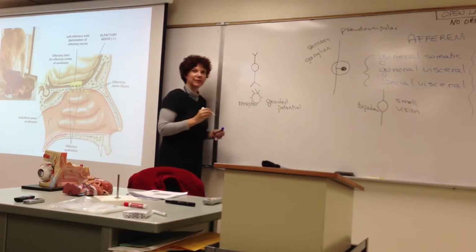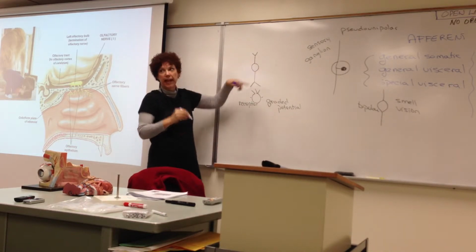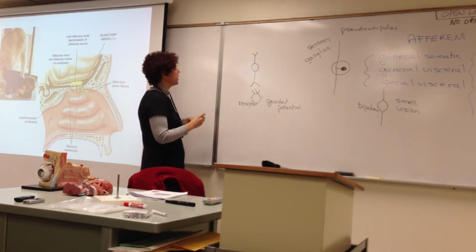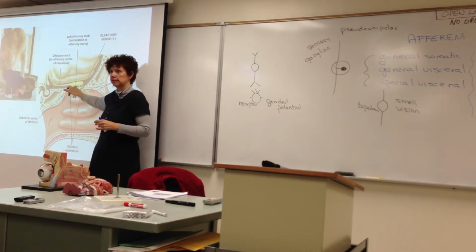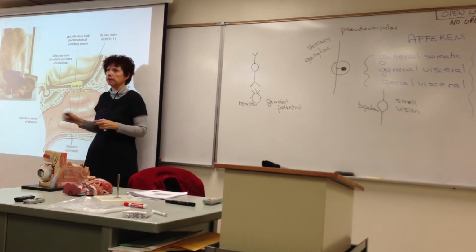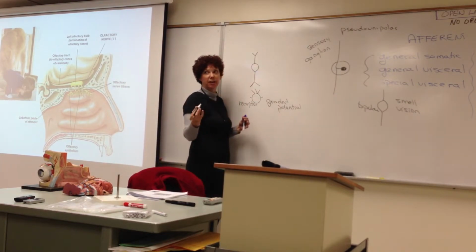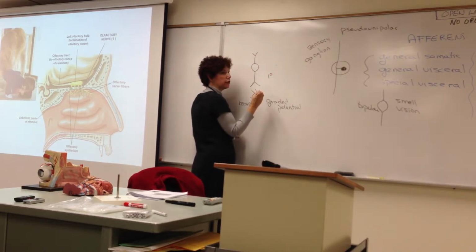But if they do, and enough signals are reached here to send a current through that, it will go all the way to my brain. This is the bipolar neuron found right here, passing through the cribriform plate. As we'll learn tomorrow when we do our sensory pathways, this is identified as the first order.